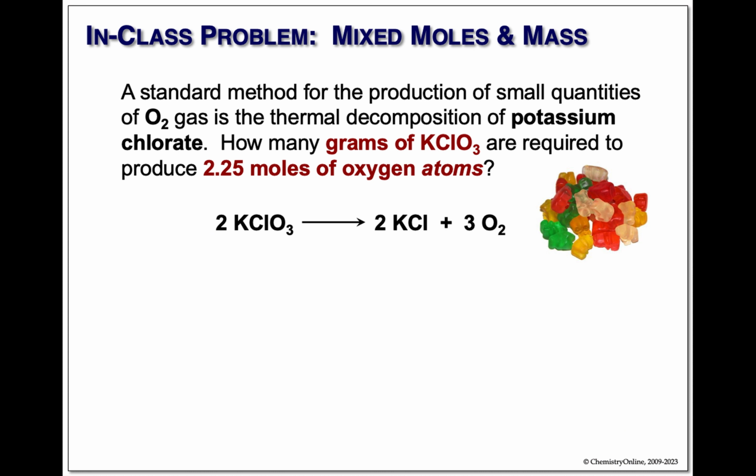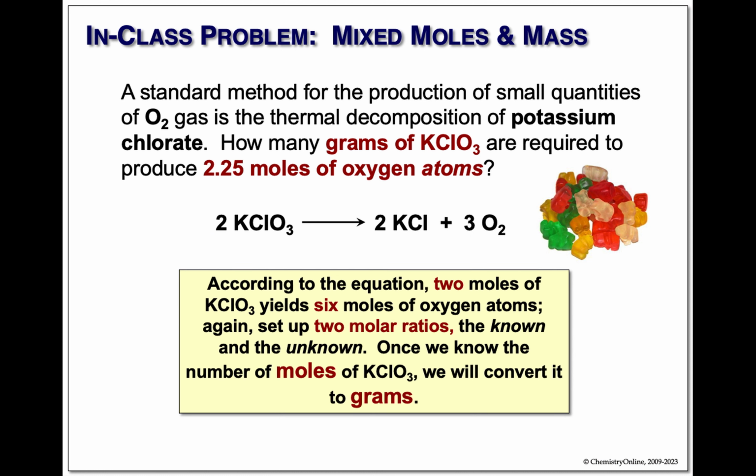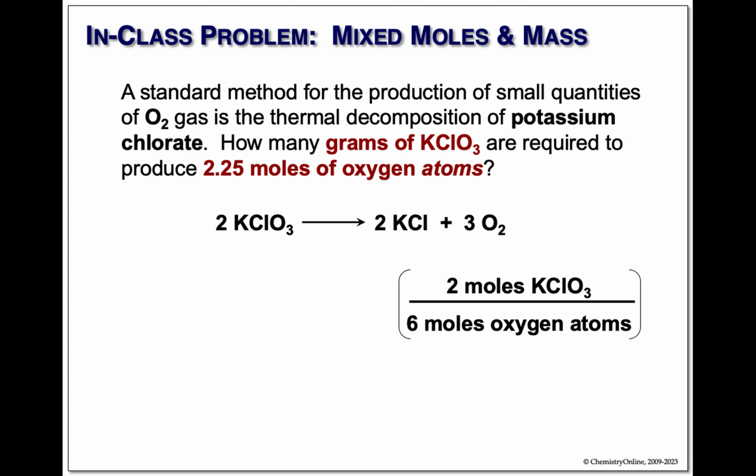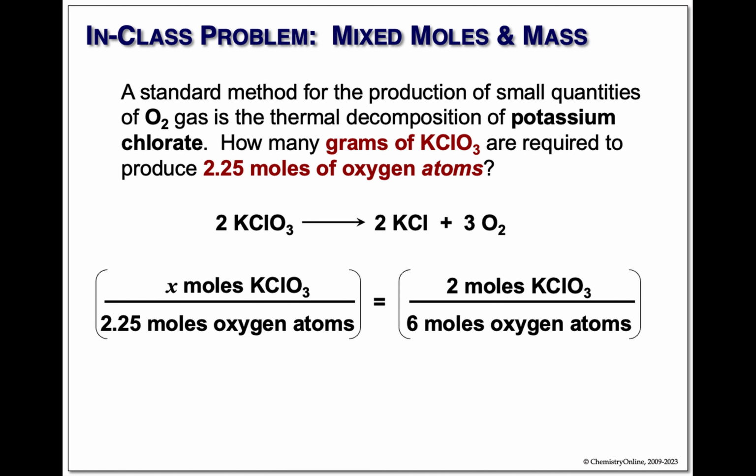So our ratio here is going to be 2 to 6. 2 moles of potassium chlorate, 6 moles of oxygen atoms. So let's set up our known ratio, oxygen in our denominator. And our unknown ratio, we simply have X right here, and we have given right here.